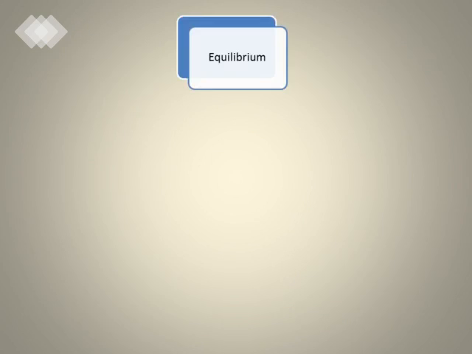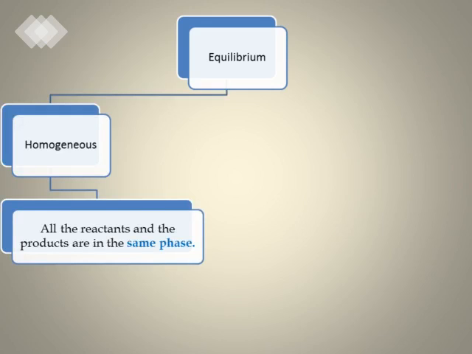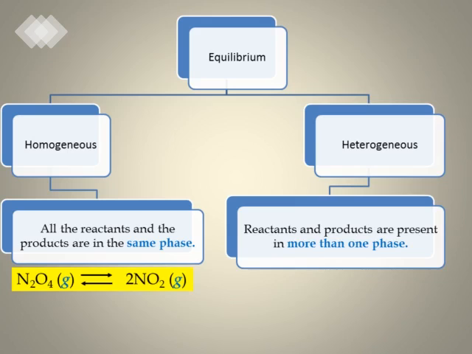In equilibrium reaction, it is said to be homogeneous when all the reactants and the products are in the same phase. Example, the decomposition of dinitrogen tetraoxide. On the other hand, when the reactants and products are present in more than one phase, therefore it is called heterogeneous equilibrium.